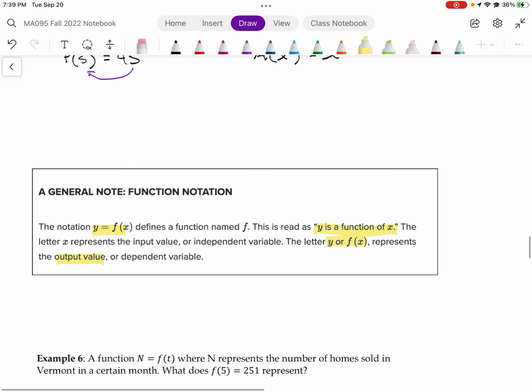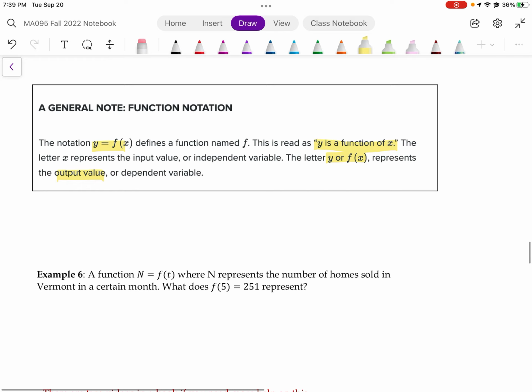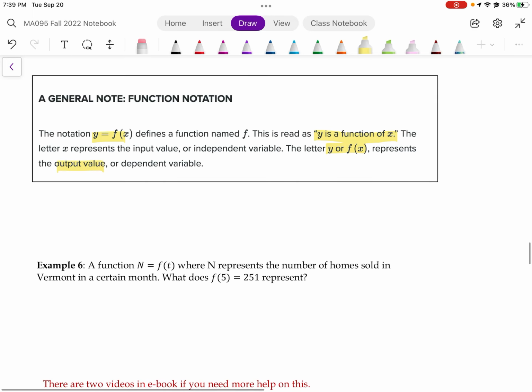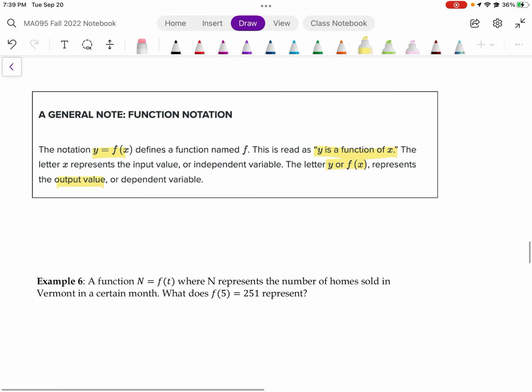All right, so let's try another one. A function n equals f of t, where n represents the number of homes sold in Vermont in a certain month. What does f of 5 equals 251 represent? Well, n is the number of homes sold in a certain month.